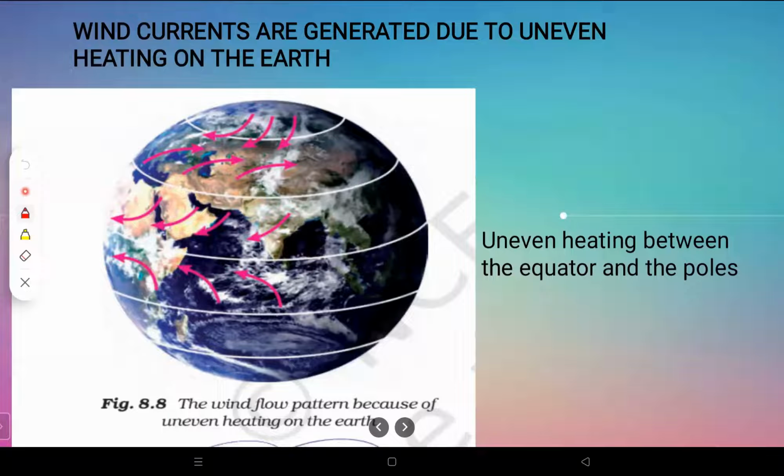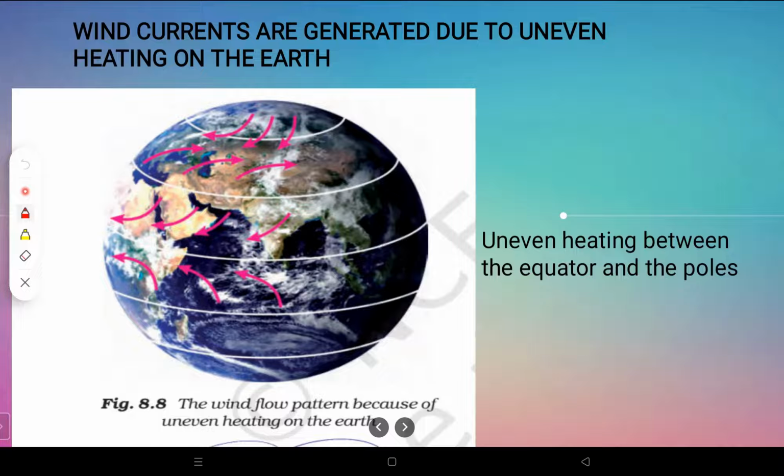Wind currents are generated due to uneven heating on the earth. Let's see how these conditions appear, how a cyclone will form. First of all, uneven heating between the equator and the poles.